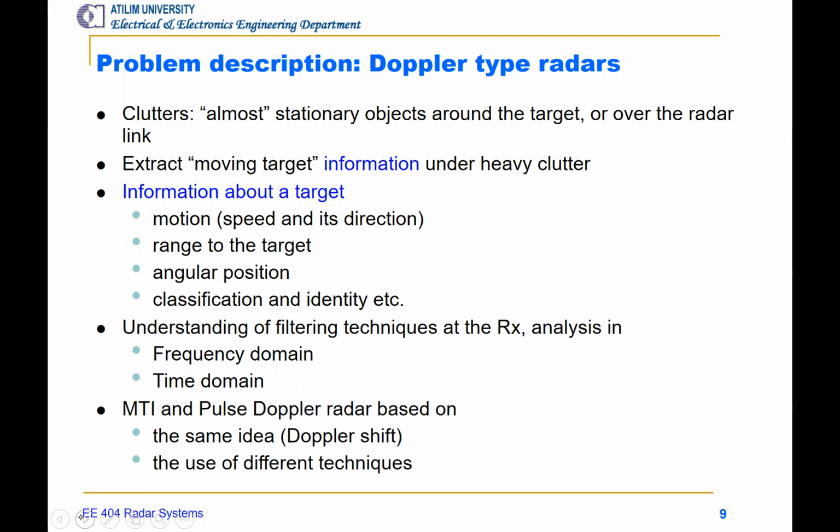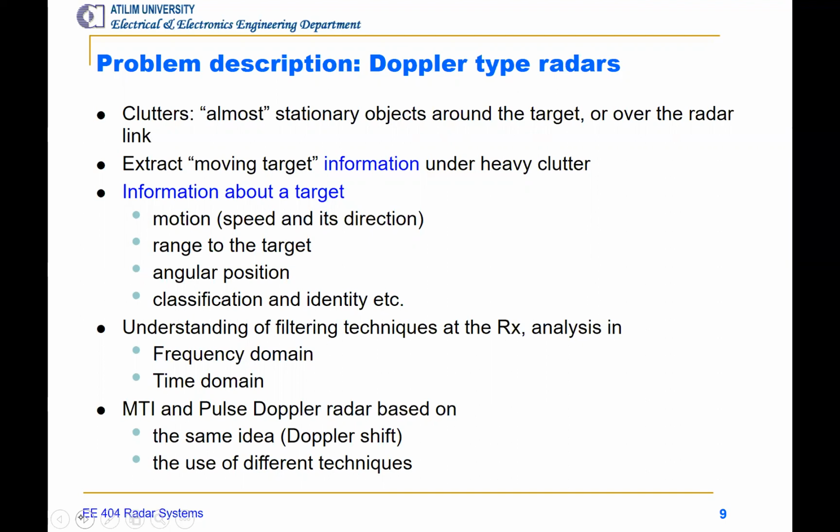So all of the objects around this target are simply clutter. Okay? Now, it is a very important concept to extract the motion in here, considering all such clutter.